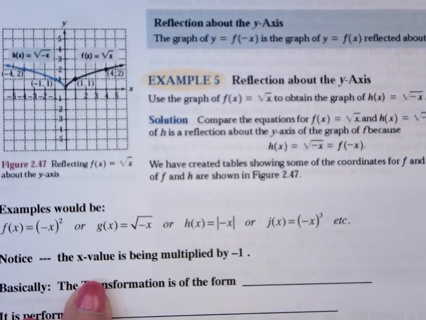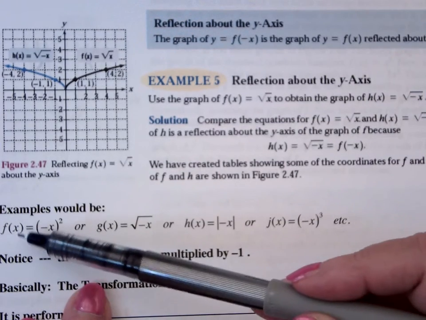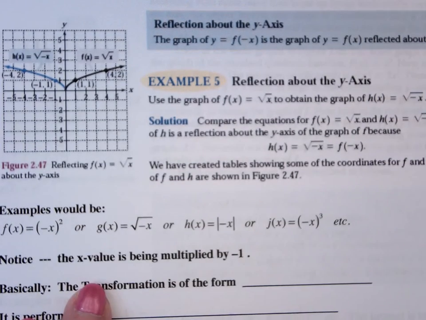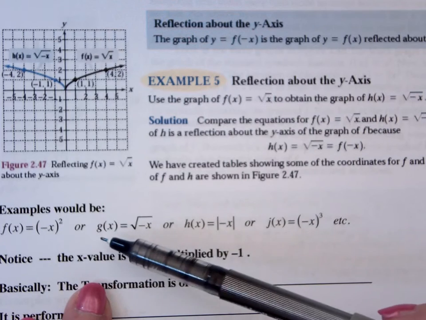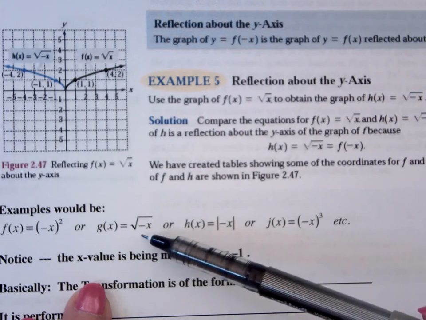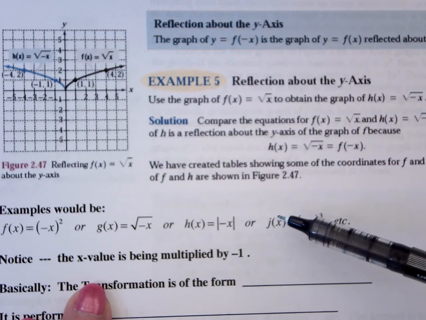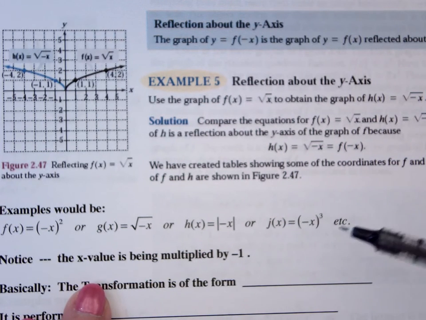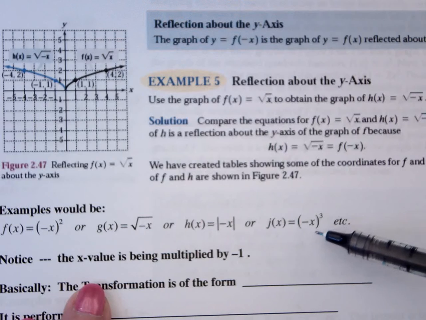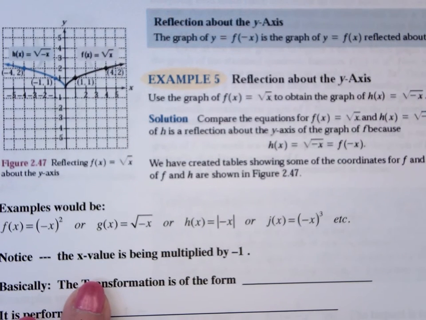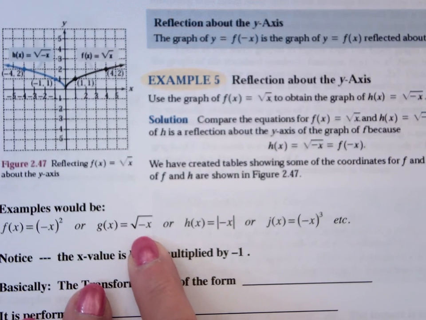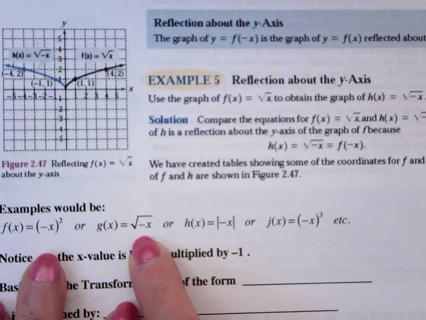The x value is being multiplied by -1. If we look at the examples, f of x equals minus x, the quantity squared, or g of x equals the square root of minus x, h of x equals the absolute value of minus x, or j of x equals the opposite of x cubed. By the way, with everything but the square root, it does not matter. And you're going to say, why?